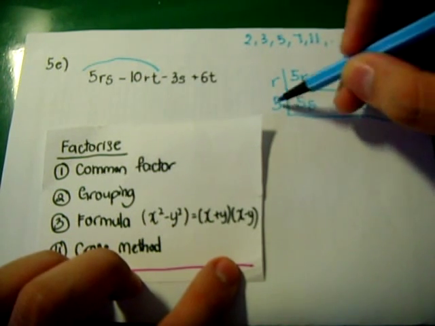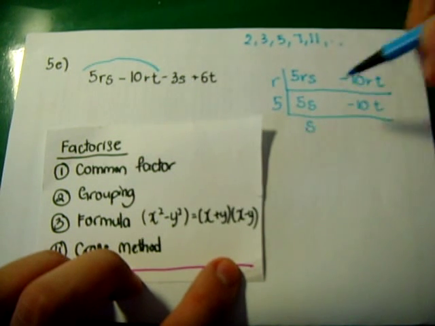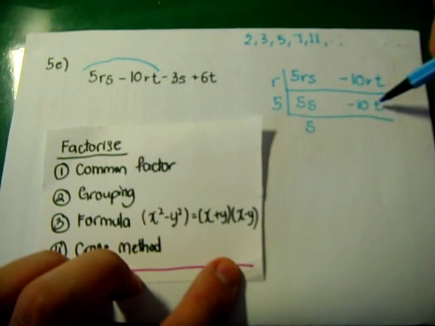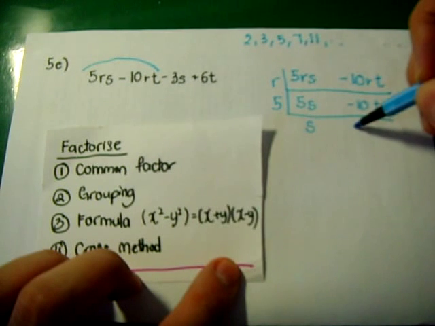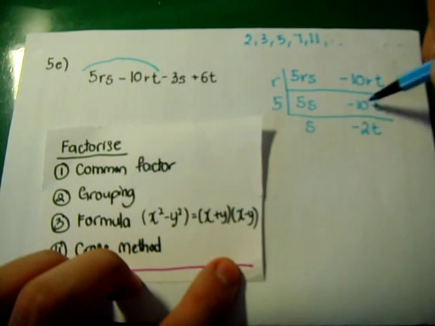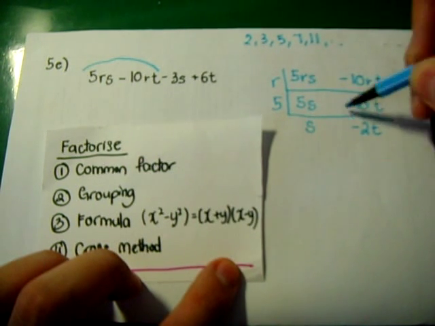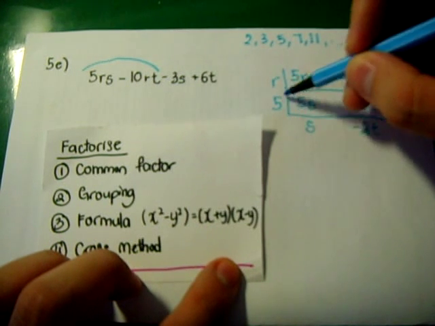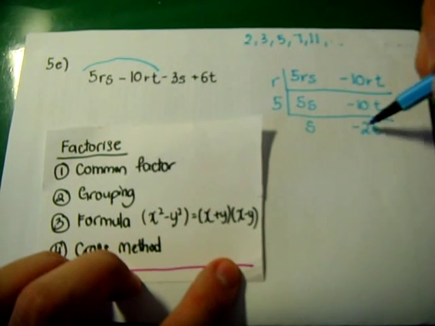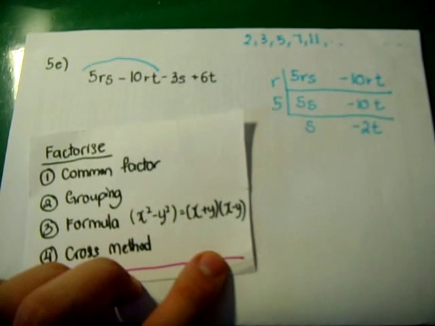5s divided by 5, I'm left with s. Negative 10t divided by 5, I'm left with negative 2t. Remember, this is a positive number and a negative number divided by a positive number has different signs, so I will get a negative answer.